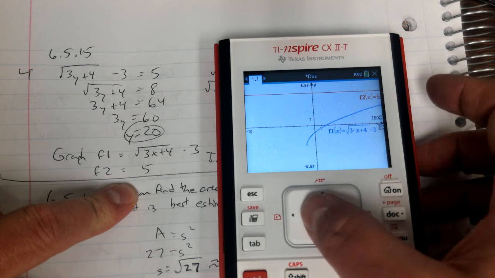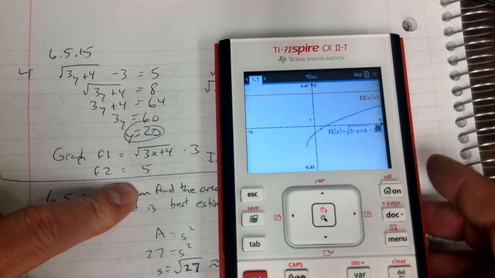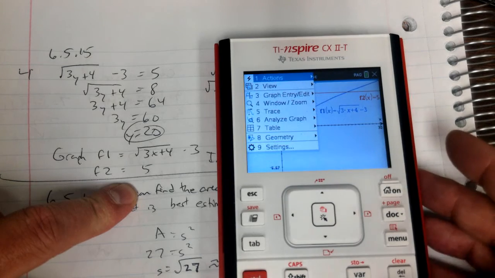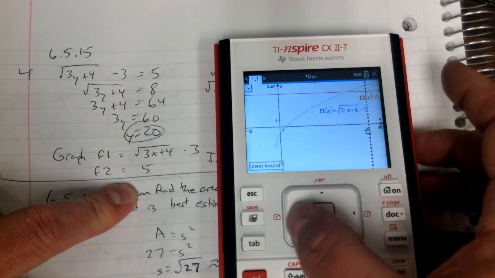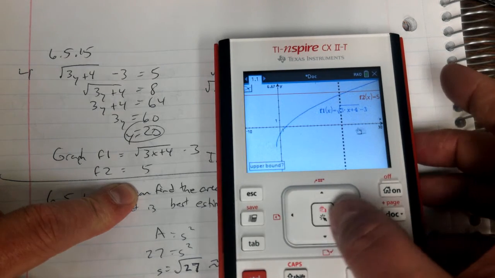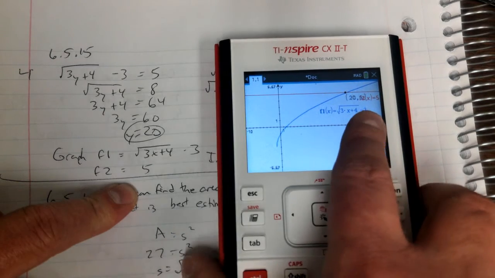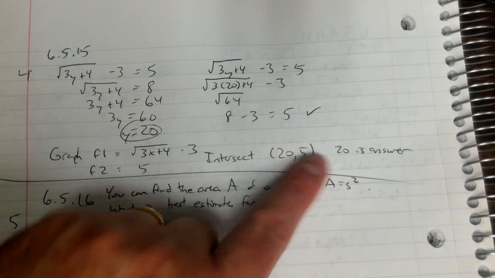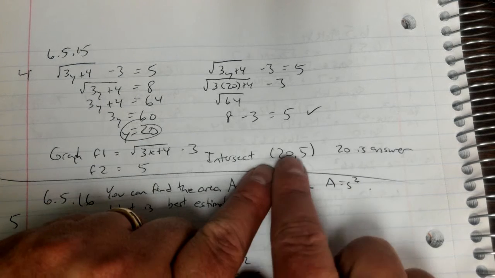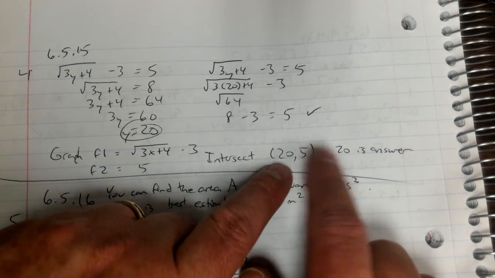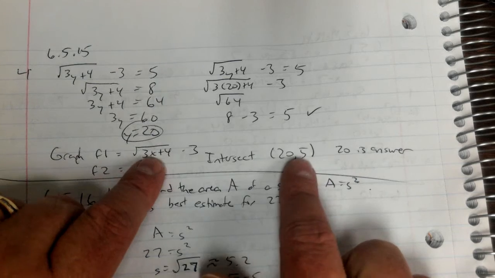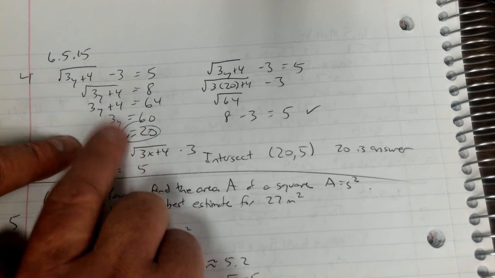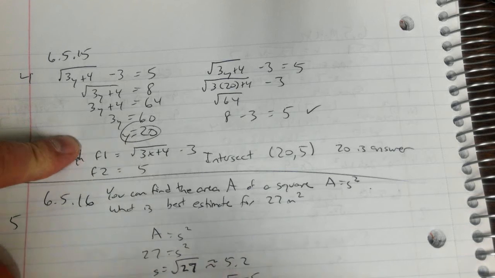Looks like we're going to have to move this over a bit. And so when we do that, we see our intersection and we get 20 comma 5, and so you just get 20 for your answer. Now notice here it shows x is 20 because that's what we wanted, but in the problem we used y, so y was 20. So again, don't confuse yourself on that.